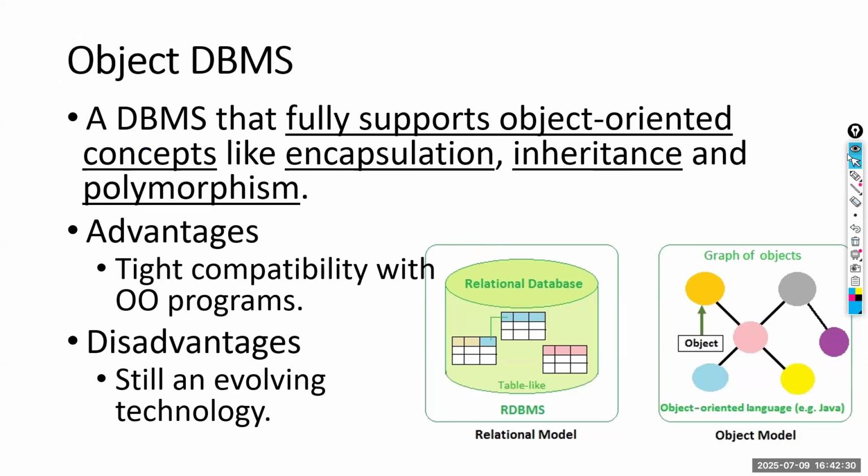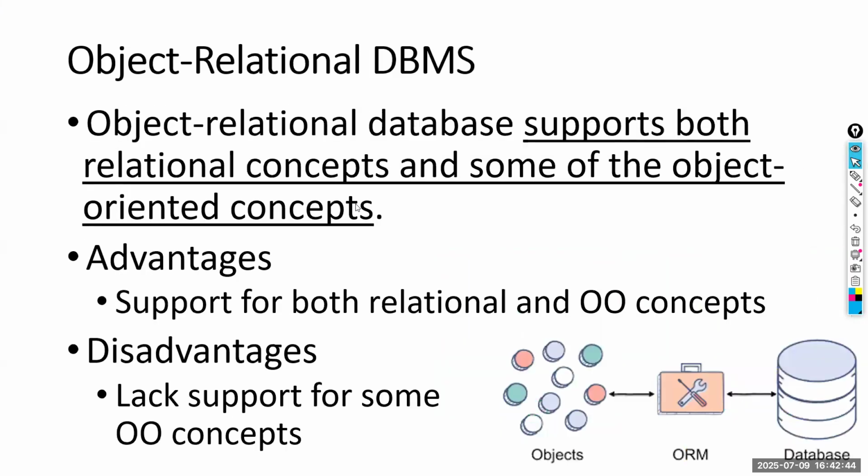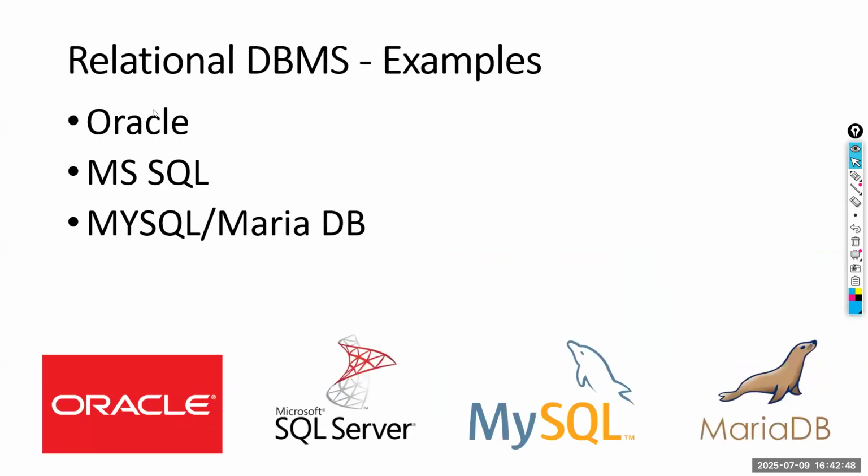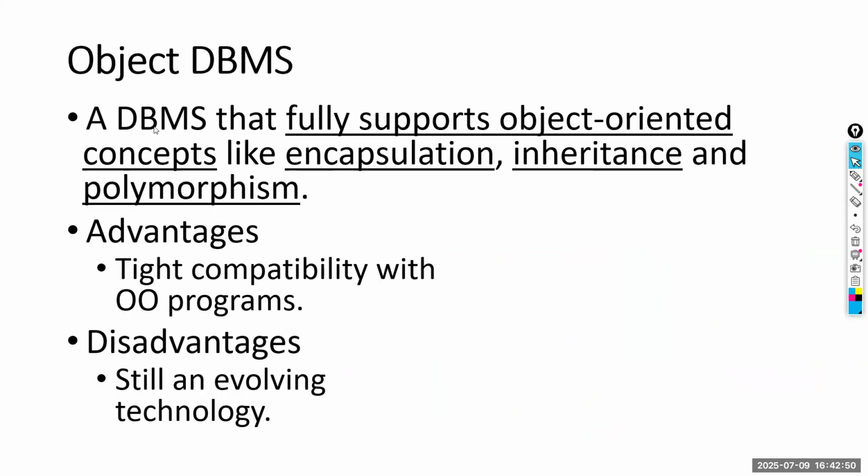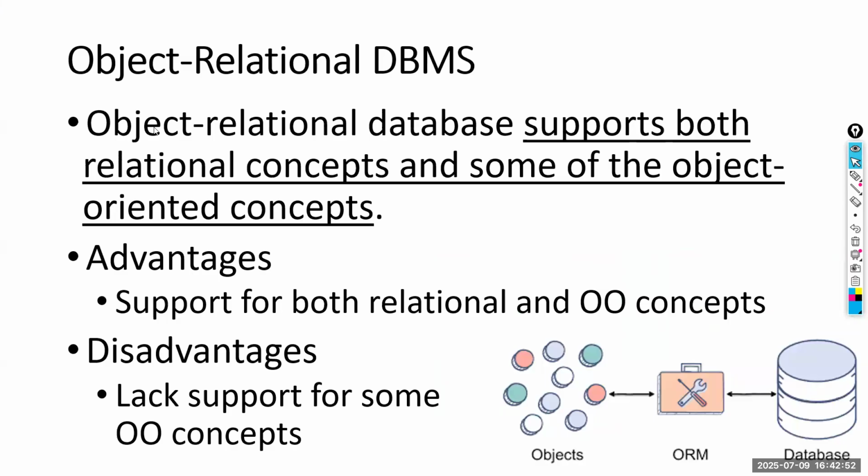So hierarchical, network, relational, object. We need to talk about another approach, that is object relational database. If relational is a petrol vehicle, object is an electric vehicle, object relational is like a hybrid vehicle.